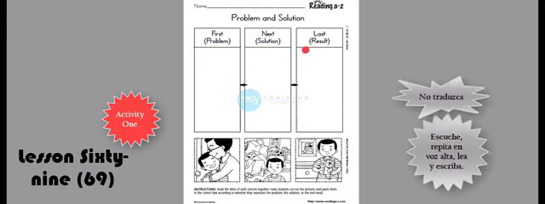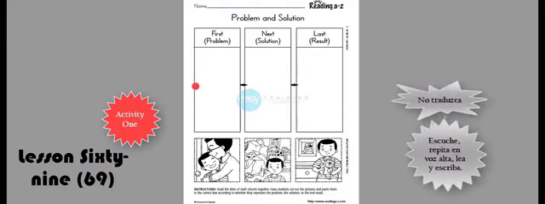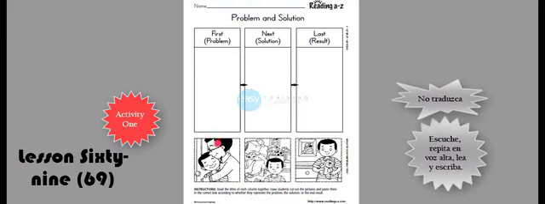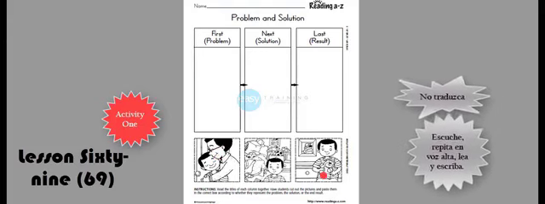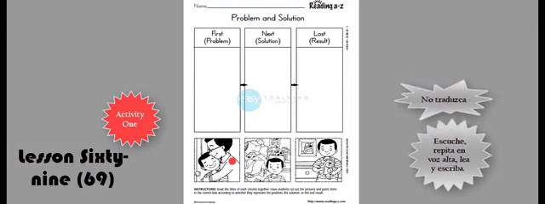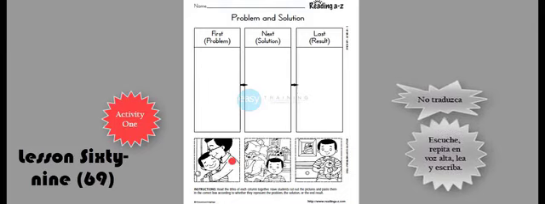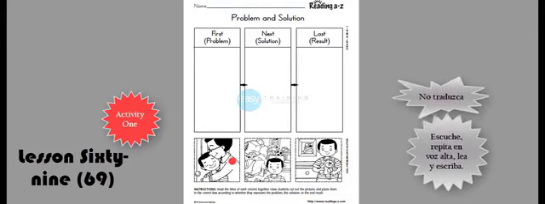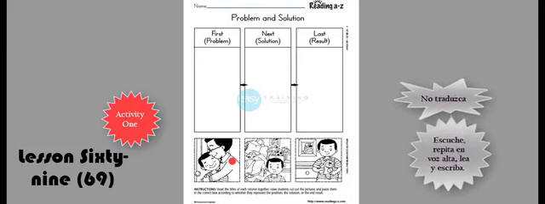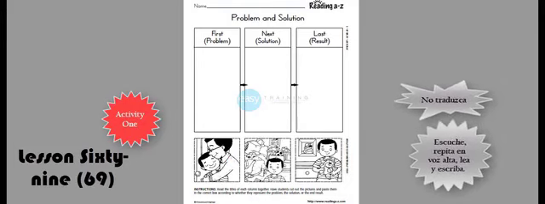Usted hágalo y a medida que lo haga, describa en inglés por qué uno de esos pictures representa el problem, otro picture representa the solution y el otro representa the result. Yo voy a hacerlo y luego comparemos. Let's do it.